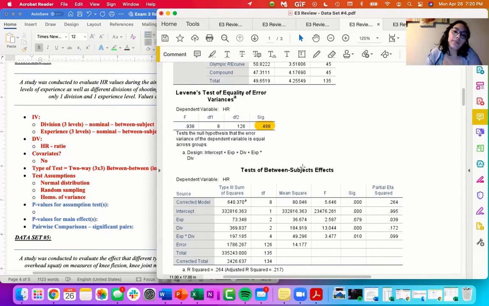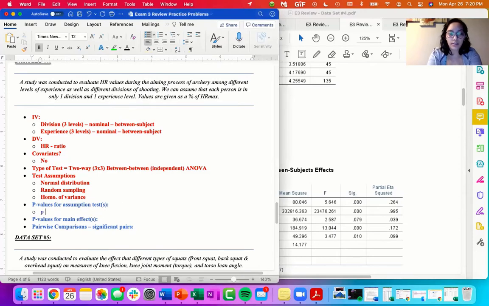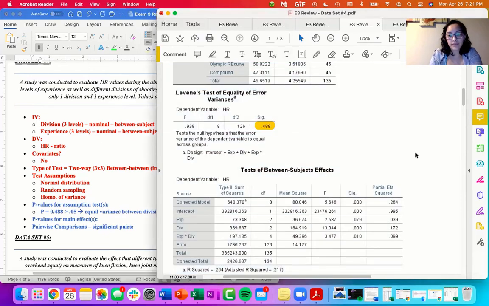Since p is equal to 0.488, which is greater than 0.05, we have equal variances between divisions and experience levels. Cool.